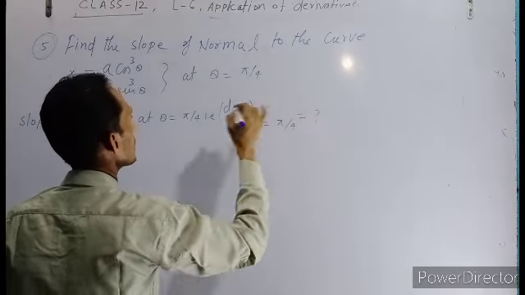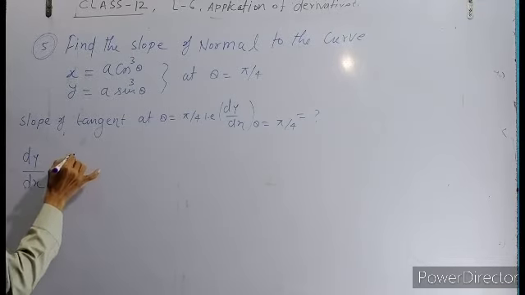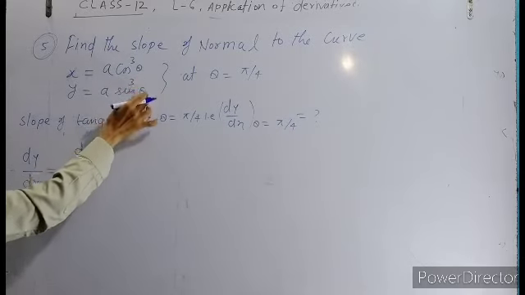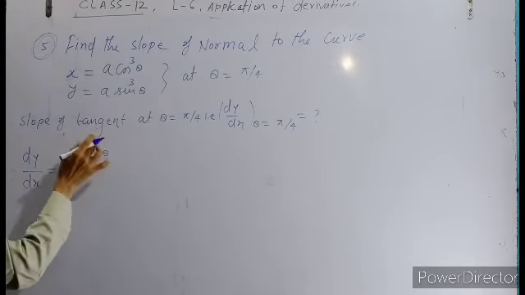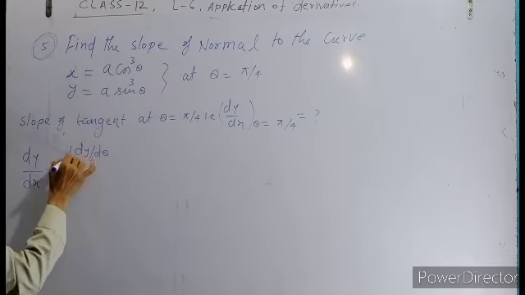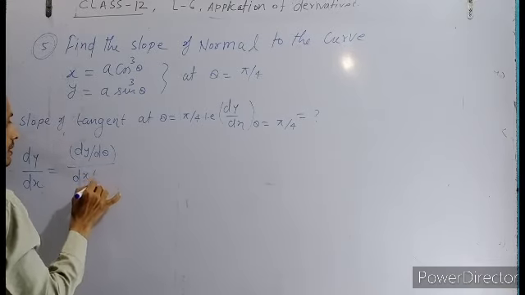We need this first. dy by dx means dy by d theta upon dx by d theta. Both are functions of the common variable theta, so we differentiate both with respect to theta.